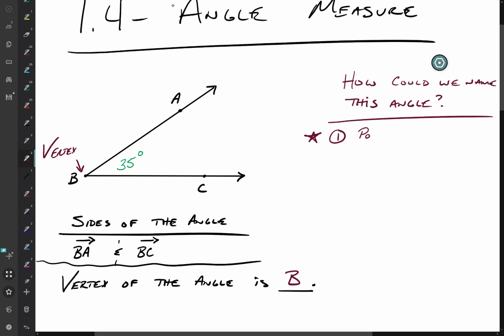What you can do, you name using angle, then you go point on one side. Well, that's a little odd. Then vertex, then point on the other side.